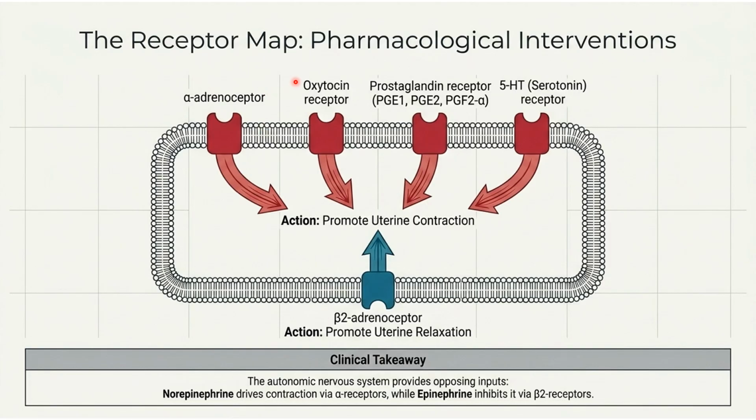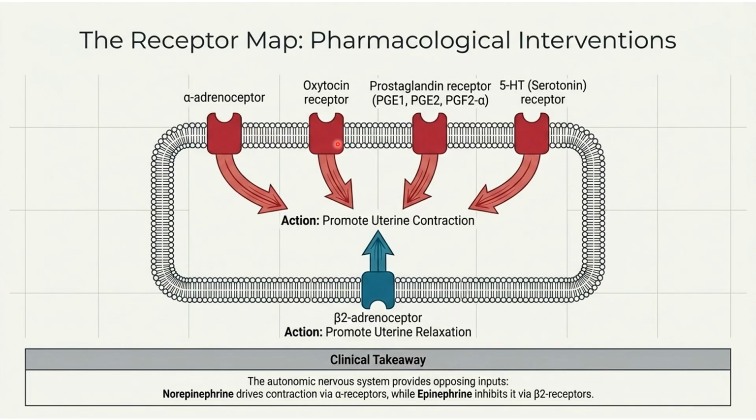The important receptor distribution over the myometrial smooth muscles: if we consider this an enlarged or zoomed-in view of the smooth muscle of the myometrium, we can find at least 5 major types of receptors that are involved in myometrial contraction and relaxation. First, we have the alpha adrenergic receptors, which are usually supplied by the noradrenaline released from the terminal sympathetic ending.